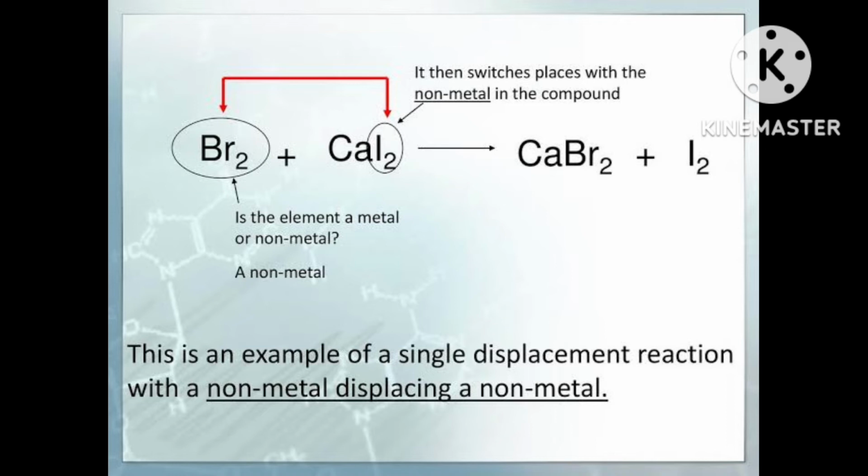Bromine liquid you are putting in iodide solution, then bromine will become bromide ion, 2Br minus, and the 2I minus iodide ion will convert to iodine. Iodine is solid.